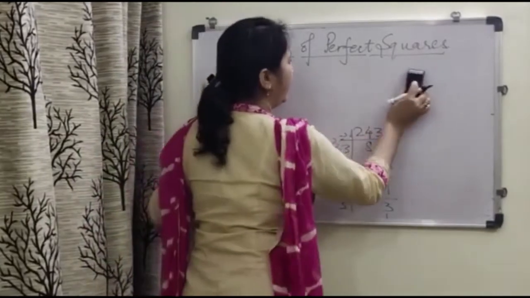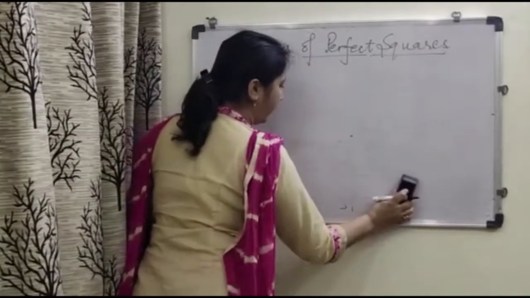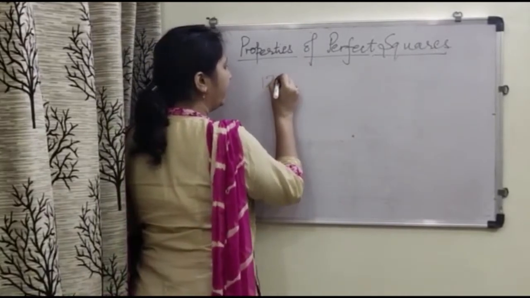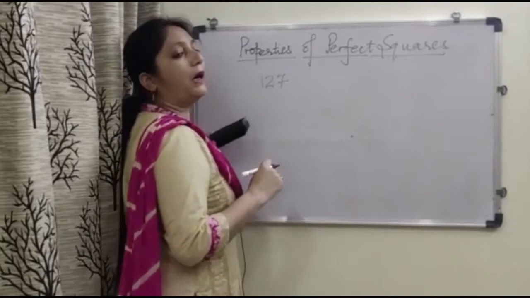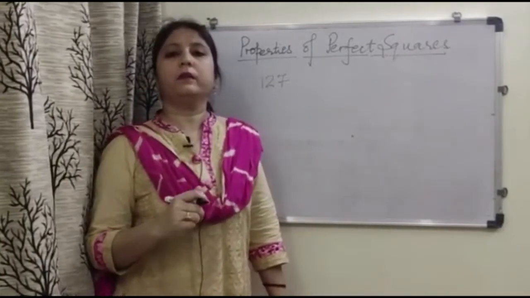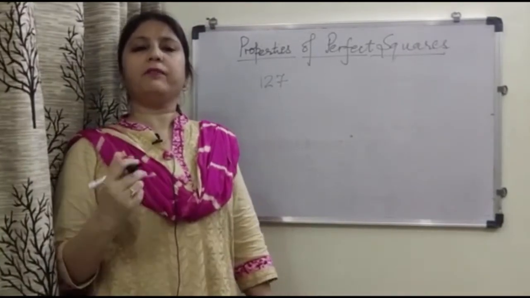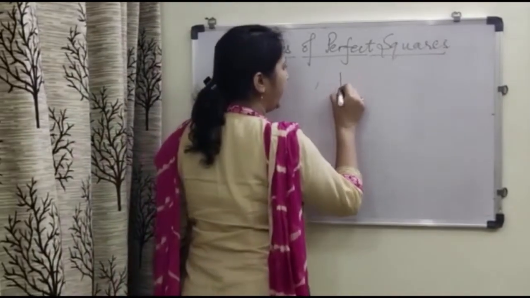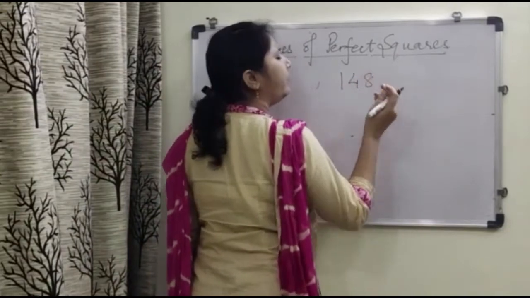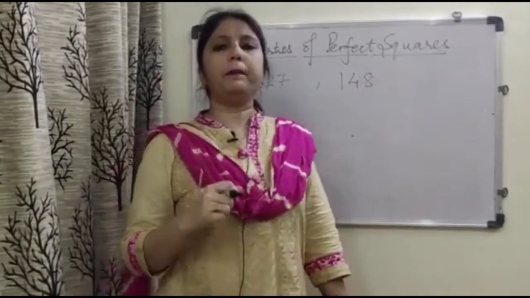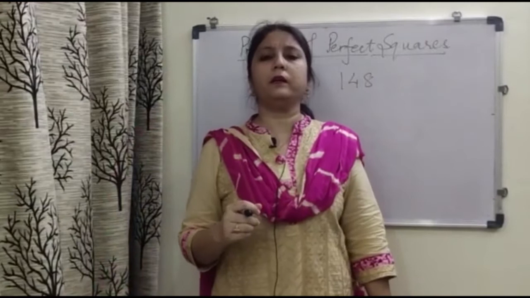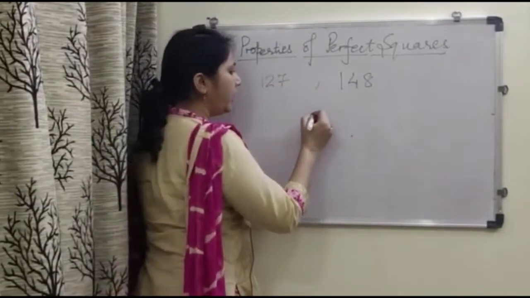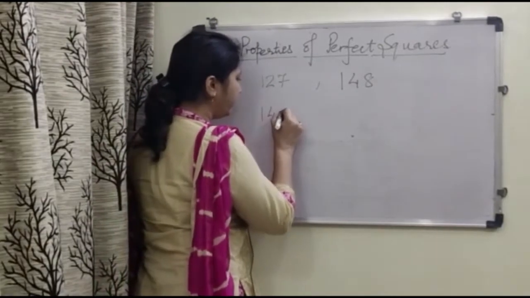You take any number ending with 7, say 127, you are unable to get the factors. So it is also not a perfect square. Same way you take a number ending with 8, that is 148. Take a random number, no problem which number we take. We don't have to think much. 148, go for its prime factorization.